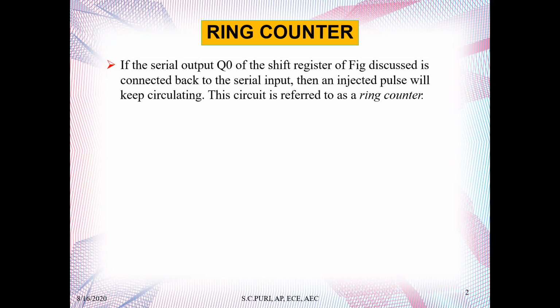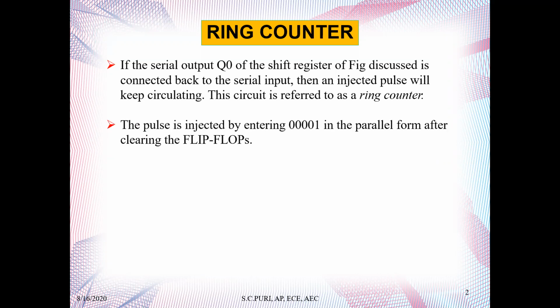That means once a pulse is injected, it will circulate around the memories of the flip-flops. This type of circuit is referred to as a ring counter. The pulse is injected by entering 0001 in the parallel form after clearing the flip-flops.